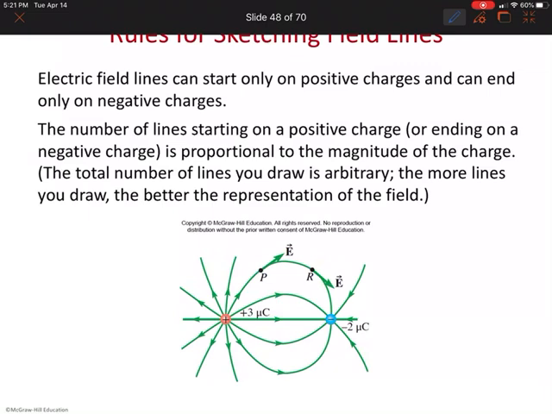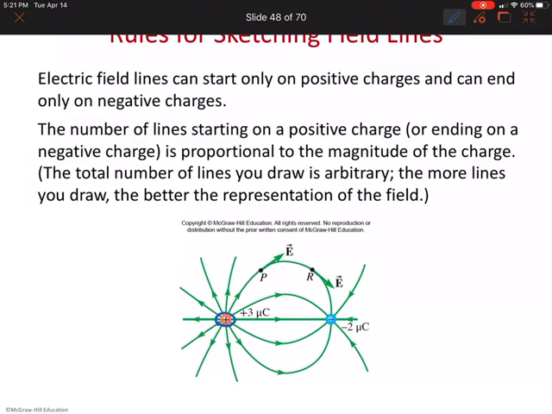All right, so rules for sketching the electric field lines. This is the one that I wish would have shown you before, because this shows that you've got a positive charge and a negative charge, and you can see that the field lines are coming away from the positive and going to the negative.